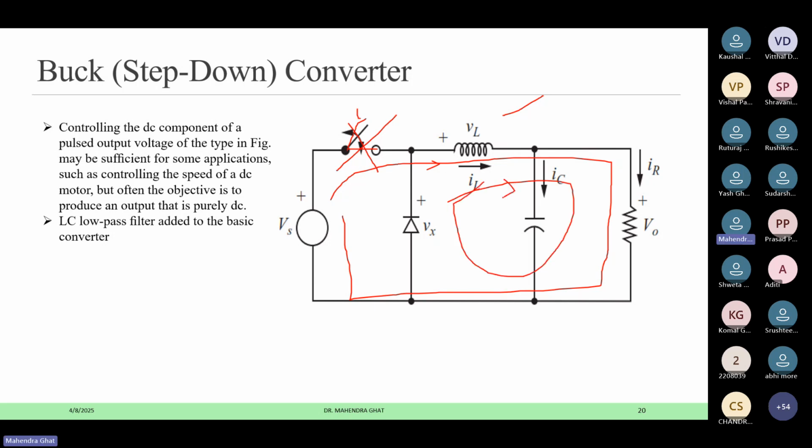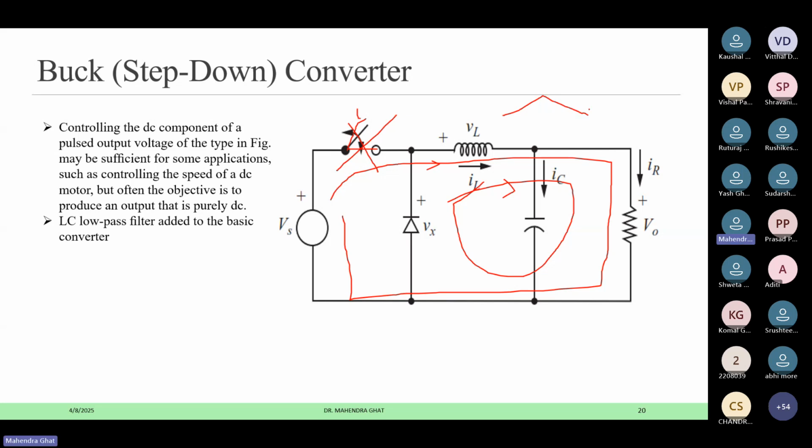It is called freewheeling. There is no source connected to the load, but the current is getting freewheeled through this diode. That's why it is called the freewheeling system. But as the inductor is there and the loading is there, you will get a decreasing current here.